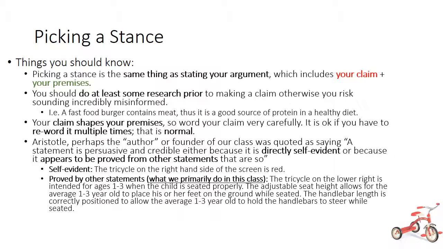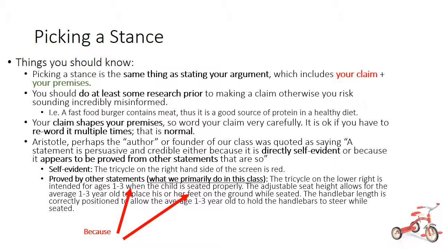But you have all the information, the premises that you need to determine whether or not the claim is appropriate. If we were to insert the word "because" prior to our premises, this would be a good indicator that it's a premise.